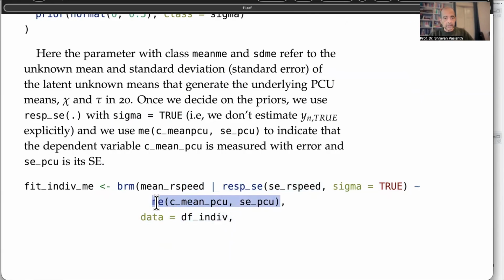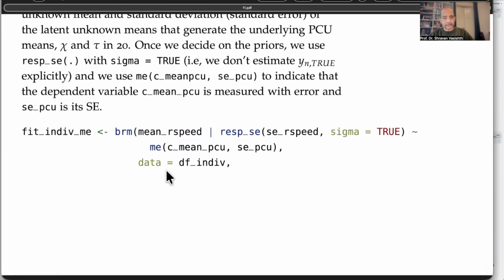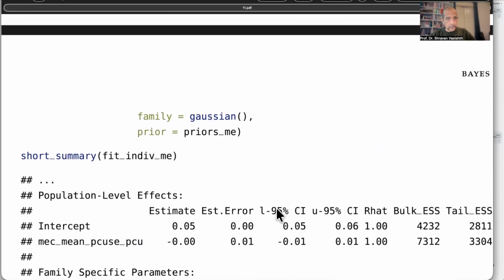In the predictor, we write ME, measurement error, of the PCU with standard error SE. So these variables are part of the data that are going into the model alongside the dependent variable and the independent variable. Okay, and that's the data frame. Remember, in the data frame we had 4 columns containing this, this, and this. Okay, so there we go.